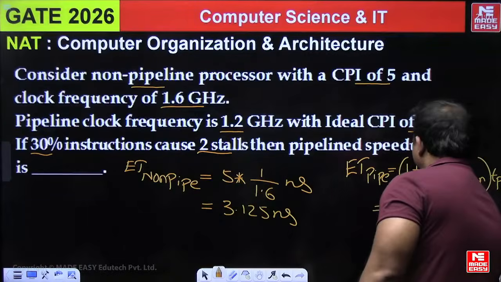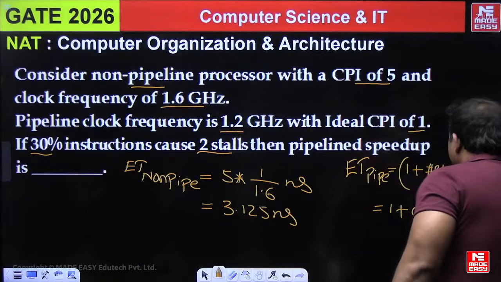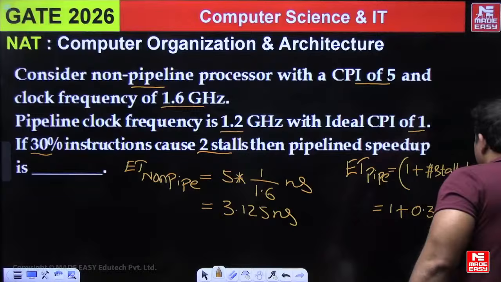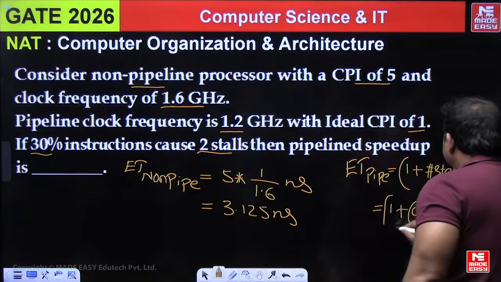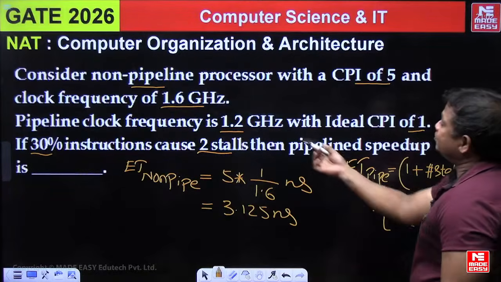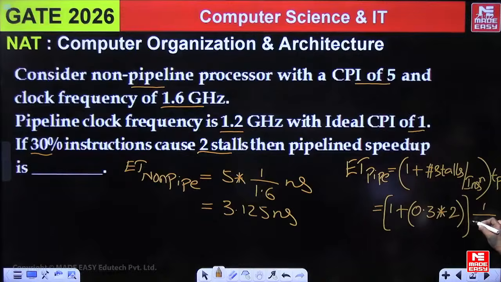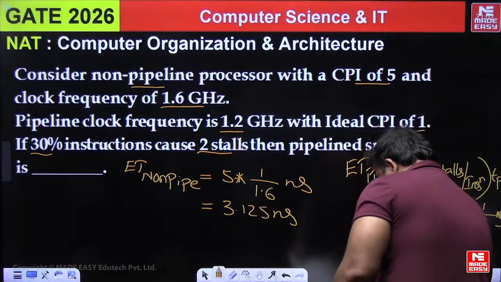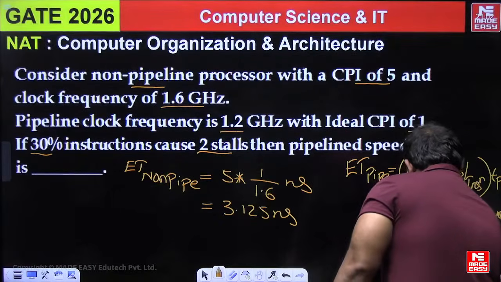Substitution: 1 plus 30% of instructions cause 2 stalls, multiplied with cycle time. Clock frequency given is 1.2 gigahertz, so cycle time is 1.2 nanoseconds. The computational value is 1.33 nanoseconds.